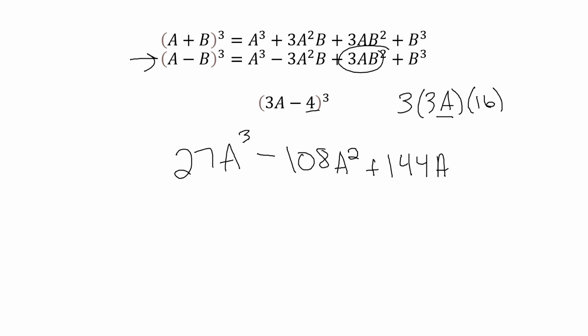And then my last term is b cubed. Now my last term is just 4. So 4 cubed, 4 times 4 is 16. 16 times 4 is 64. So plus 64. And there are no like terms there, so that big old ugly thing is your answer.